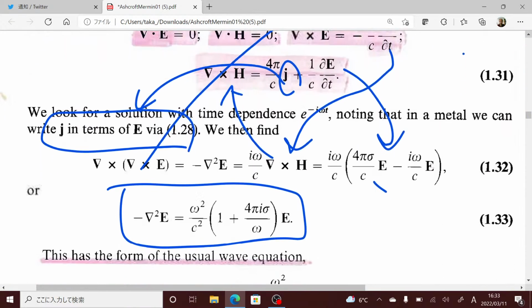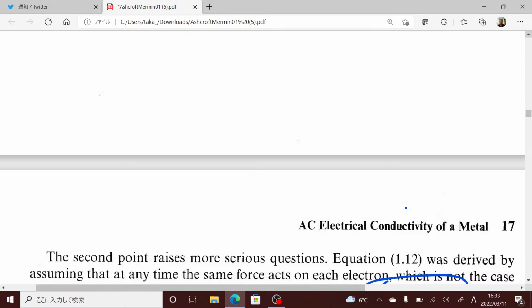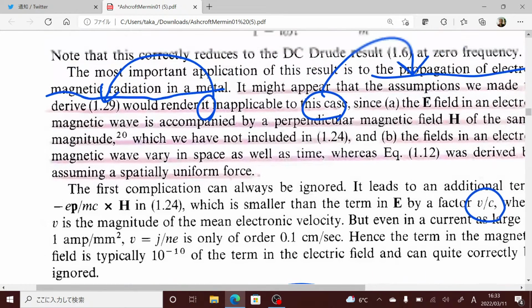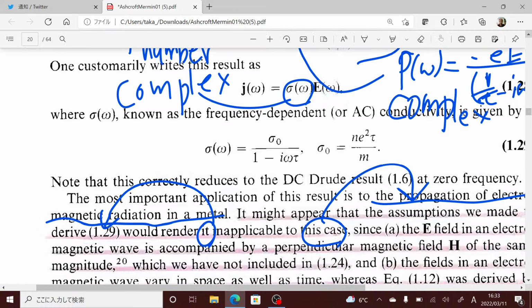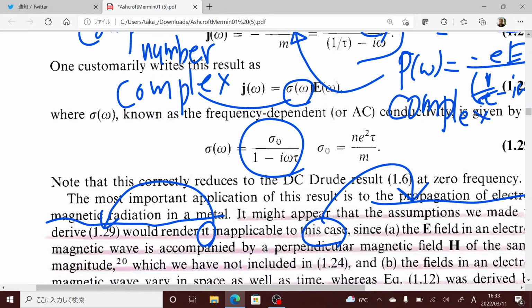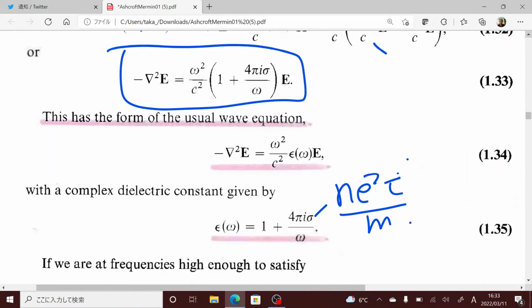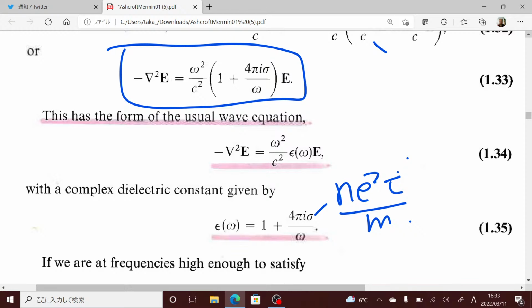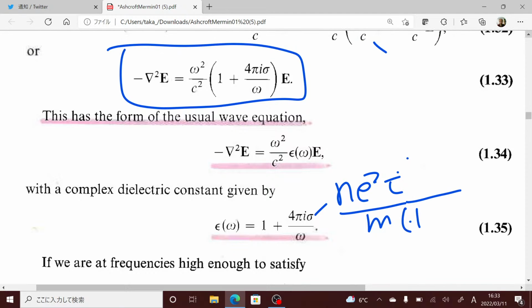Sigma of omega. Is it sigma of omega? Is it this? Sigma 0 divided by 1 minus i omega tau. This is sigma 0 divided by 1 minus i omega tau.